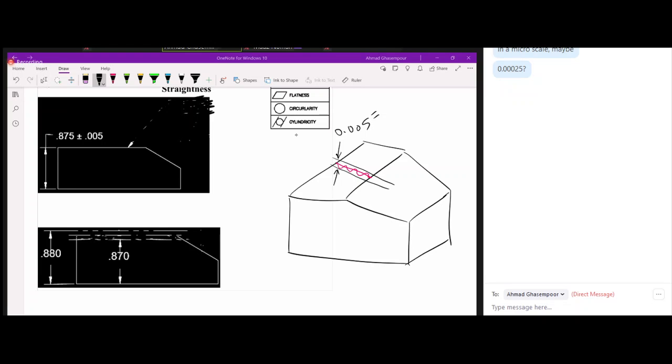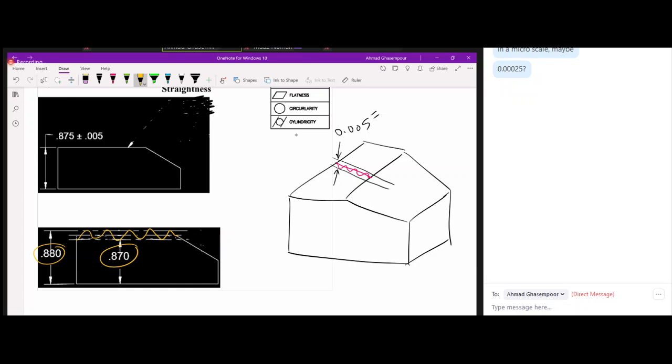So basically it would be what you see from the tolerance of size, right? So this thing is acceptable between 870 and 880, right? So any given line could be basically anywhere there. So this would be an acceptable part.